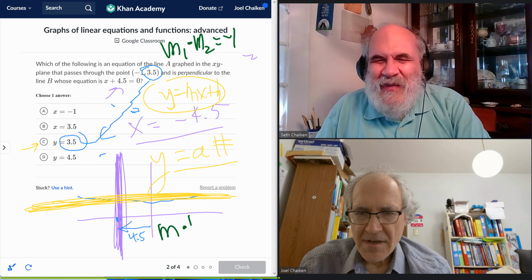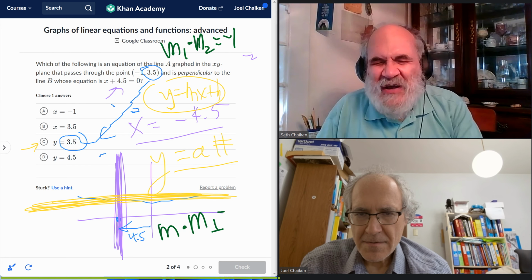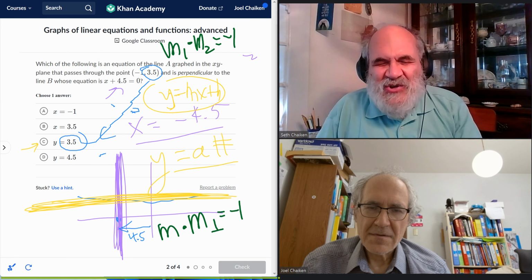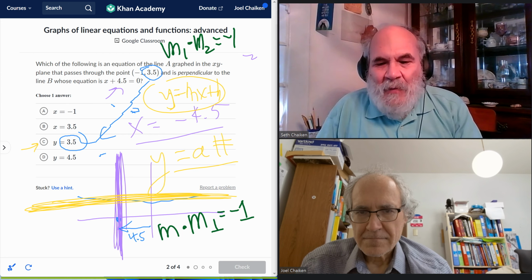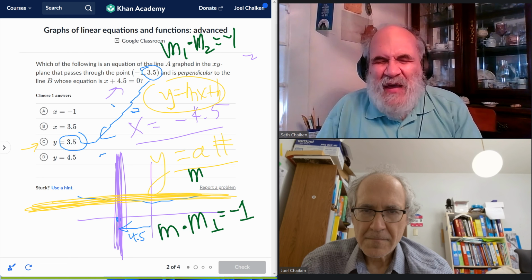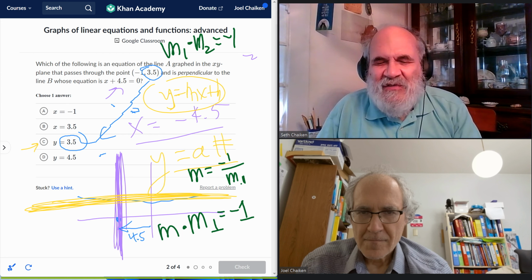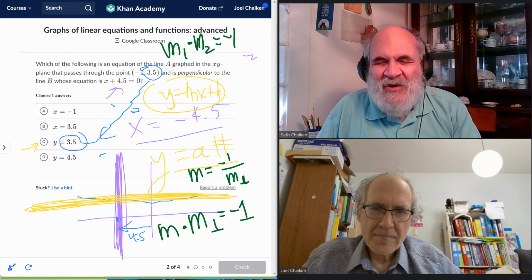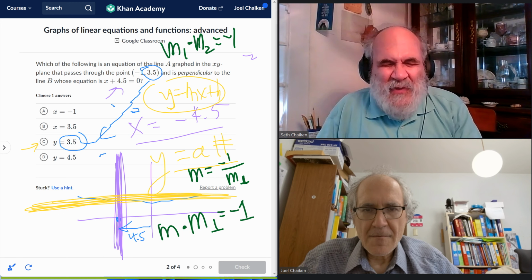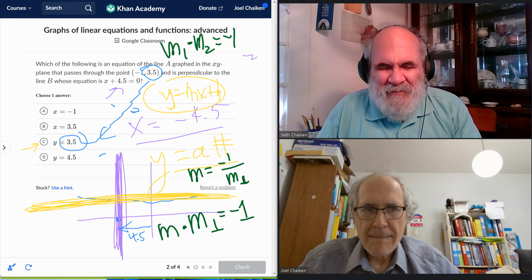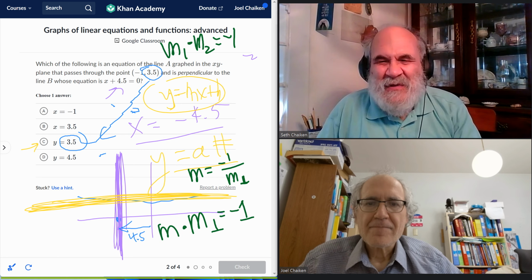M times m perpendicular. A suitably general formulation should work on this example too. Right. But actually not, because the routine that we learn about perpendicular is that two slopes are perpendicular when one of them is the negative reciprocal of the other.